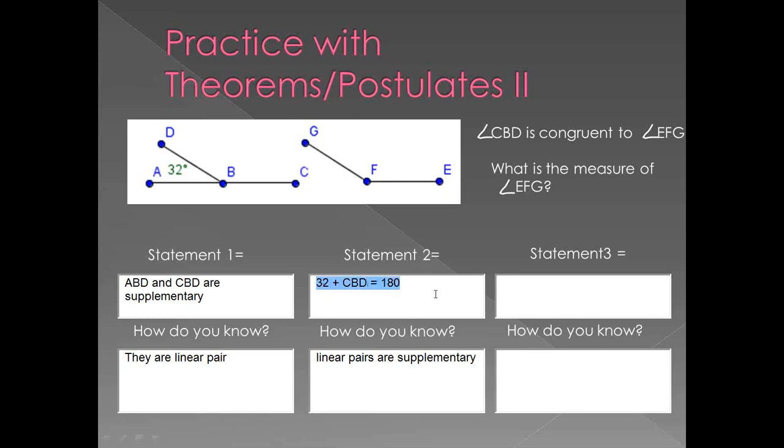So here, I know I put this, but what we're going to put is EFG, or ABD and EFG are supplementary. Kind of went in the wrong order that I meant to, but what theorem can I use to say that?